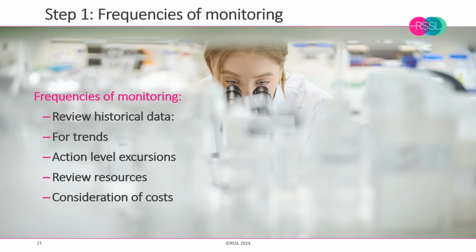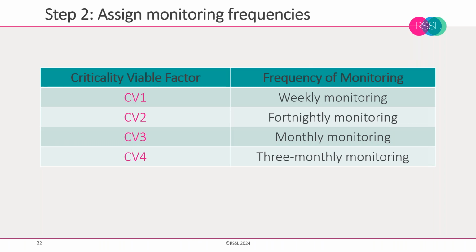So to begin with, we need to consider some monitoring frequencies. So these were the frequencies that were selected, which suited the particular production process and have a degree of criticality. So there are some clean rooms we would wish to monitor on a weekly basis.